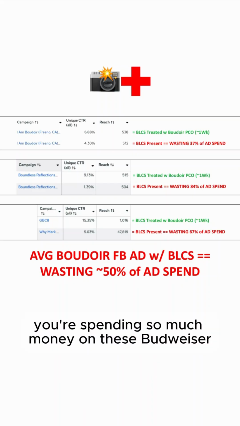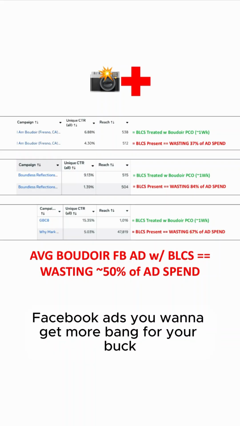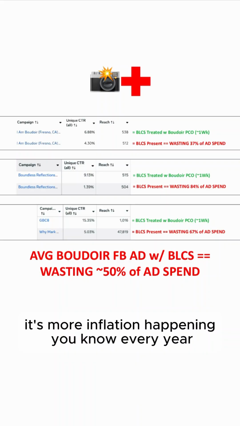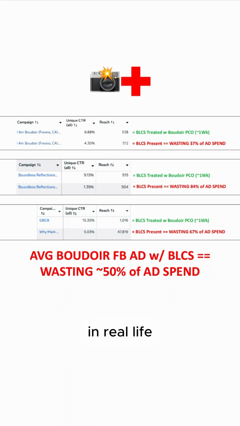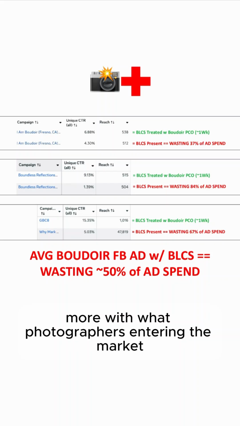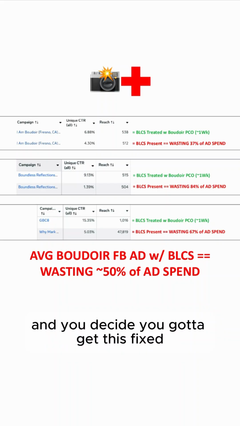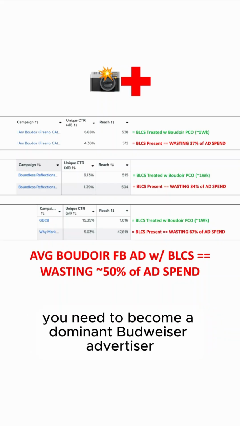You're spending so much money on these Boudoir Facebook ads and you want to get more bang for your buck. There's more inflation happening every year in real life, more Boudoir photographers are entering the market, and you're looking for ways to stay competitive. You decide you've got to get this fixed and become a dominant Boudoir advertiser.